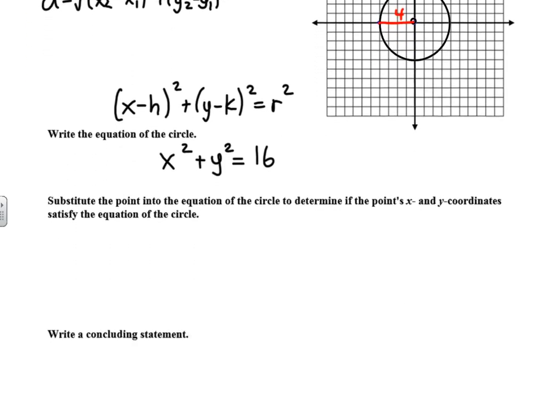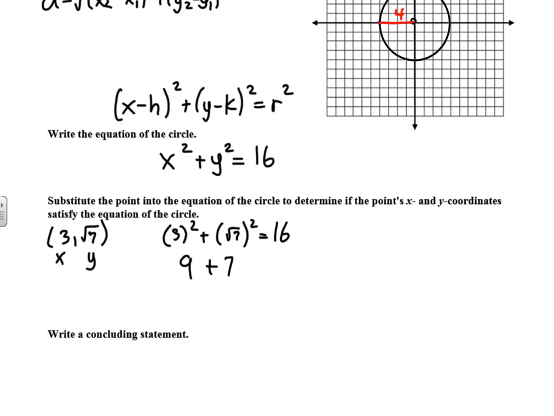So our point here is (3, square root of 7). There's our x, there's our y. Is 3 squared plus the square root of 7 squared equal to 16? 3 squared is 9, the square root of 7 squared is 7, and 9 plus 7 is 16. 16 equals 16.